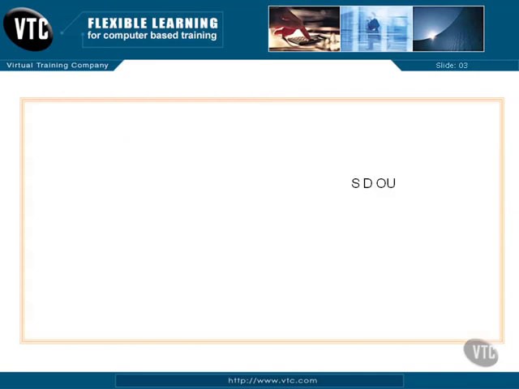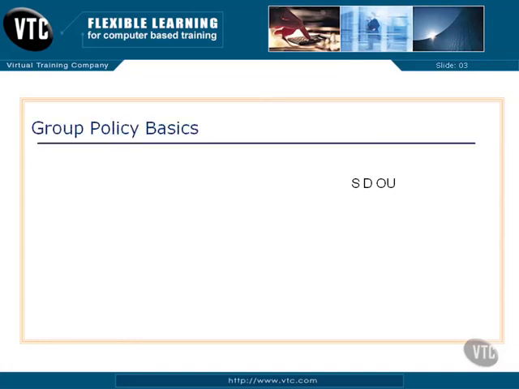Now let me show you a diagram here of what I'm talking about. I want you to get this image in your mind, and you will be able to take care of most of the questions on the exam. Notice SDOU. Always remember that.